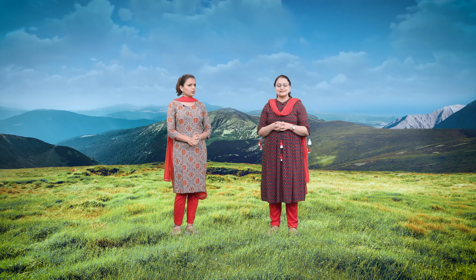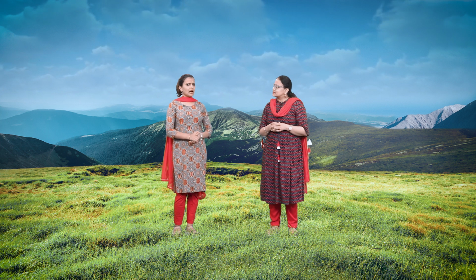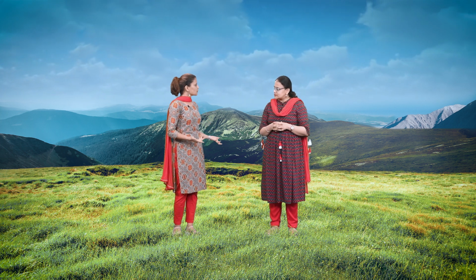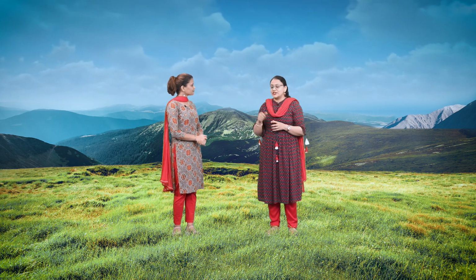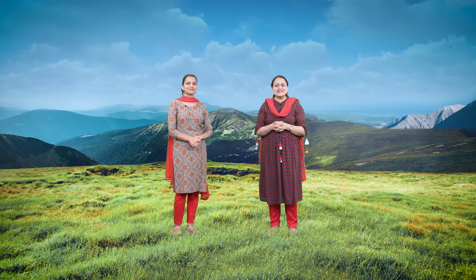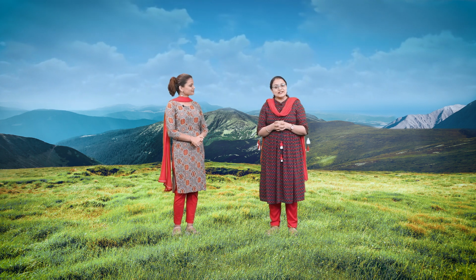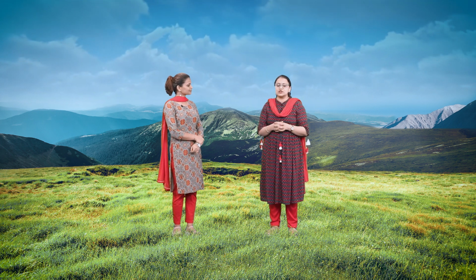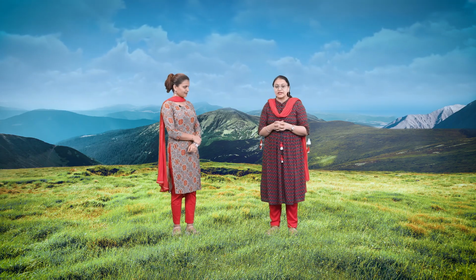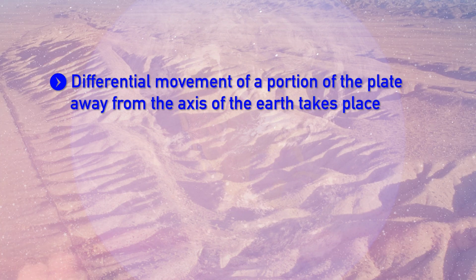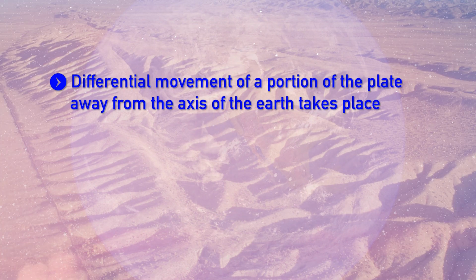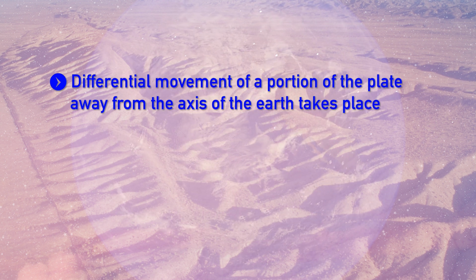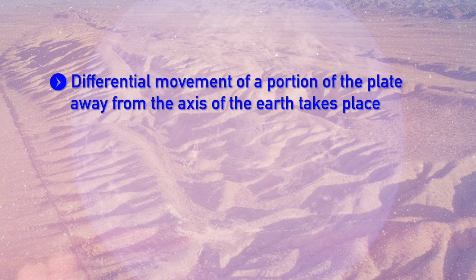Okay. But why does this happen? I mean, how and in which situation? Okay, good question. Such boundaries are found generally near the divergent plate boundary where new lithosphere is being formed. Sometimes a differential movement of a portion of plate away from the axis of the Earth takes place.